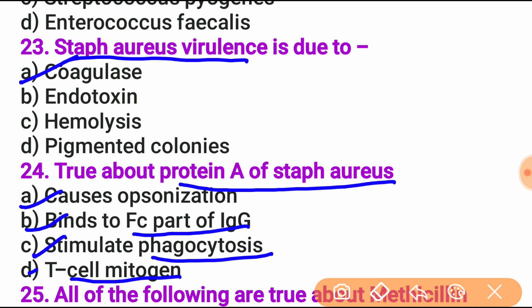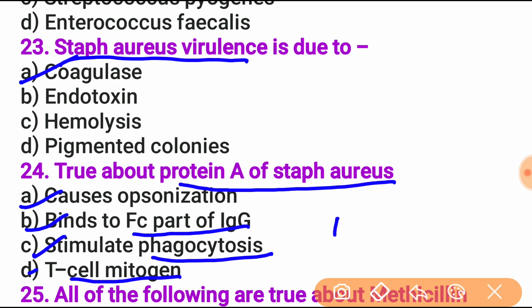It binds to the Fc terminal of the IgG, especially IgG 1, 2 and 4 but not 3, and prevents opsonophagocytosis.